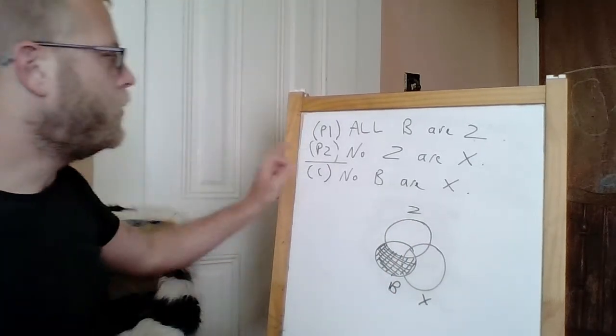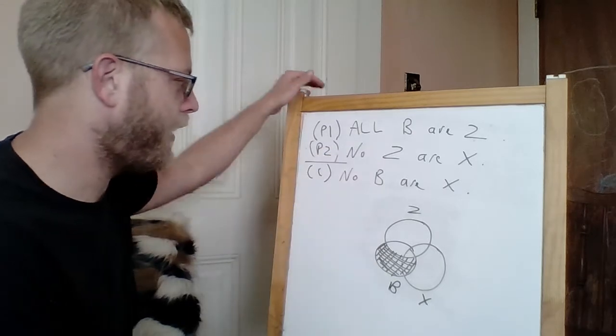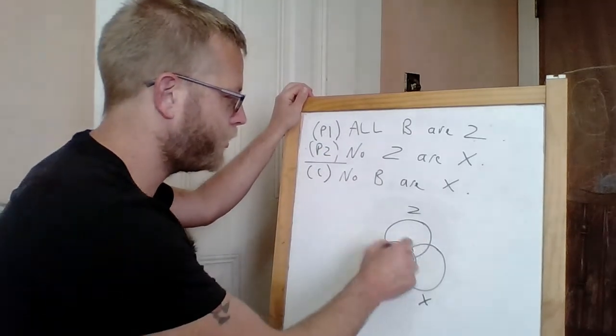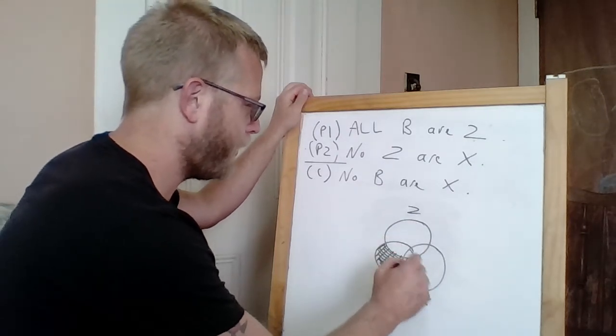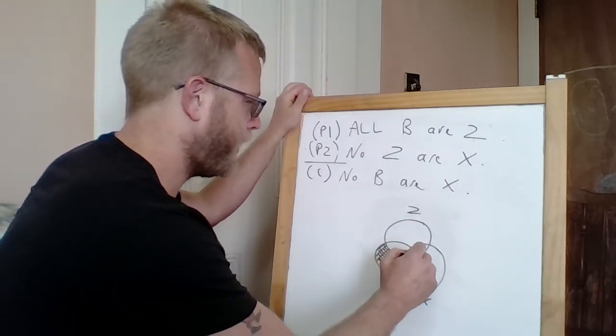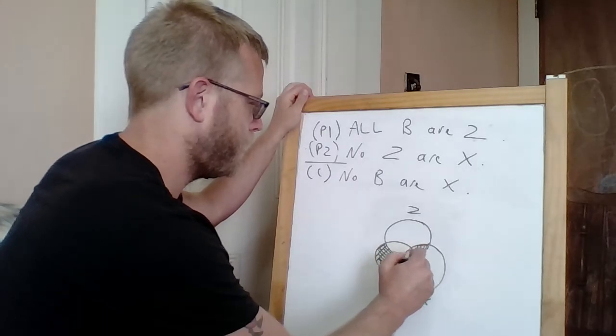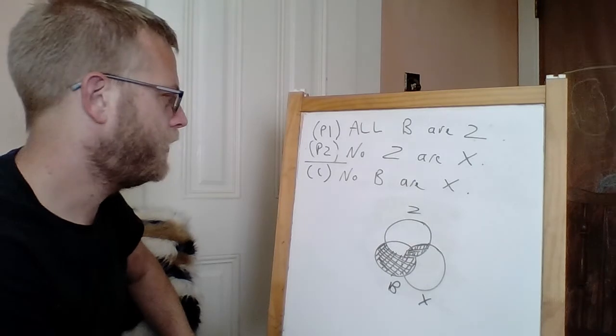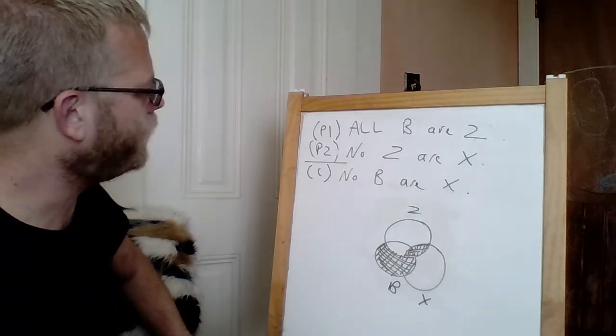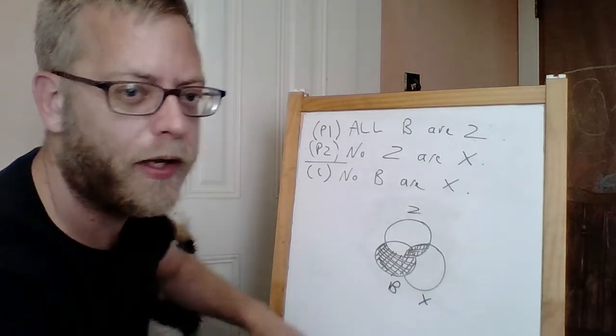No Z are X. That means there's no overlap between the two, between Z and X. There's nothing that's a member of both the Z group and the X group. So that gets blacked out as well, and this is what we're left with. I feel like, did we already do one with this form? If we did, it's okay.